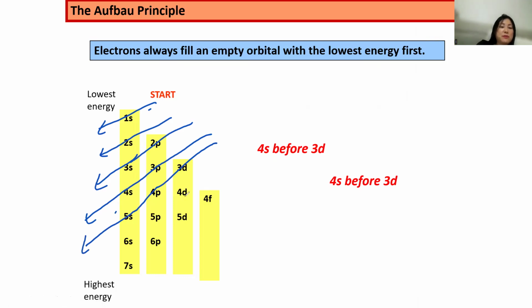Can you see 5s comes before 4d? So 4d, 5p, and 6s come before 5d and 4f, and so on. The sequence gets mixed up as we go to higher energy. Therefore, we need to know how to draw this table so that you know which orbitals or sublevels come next.